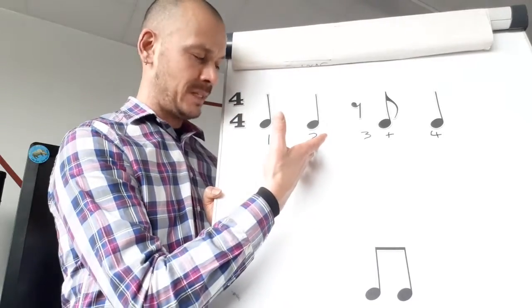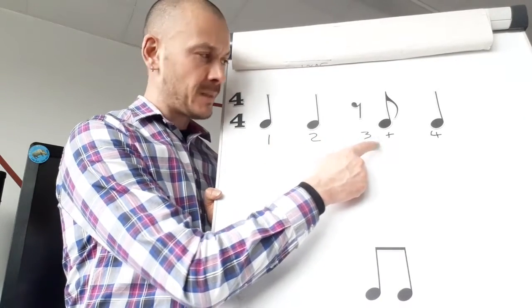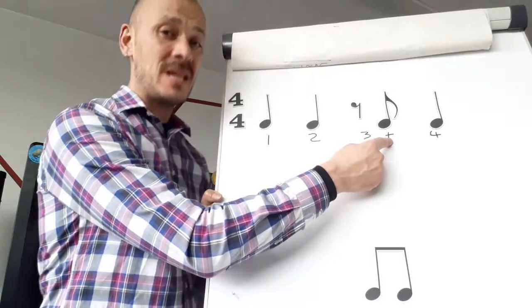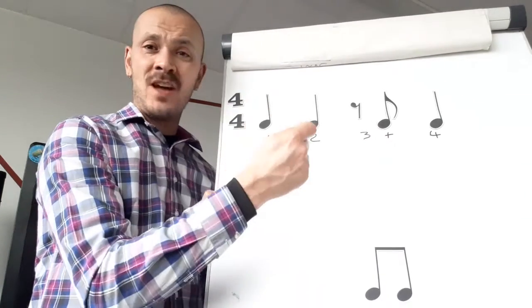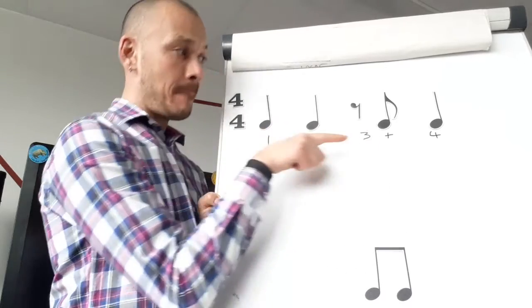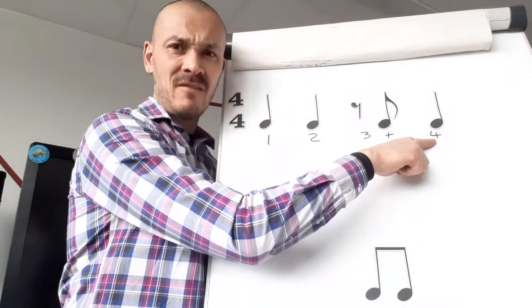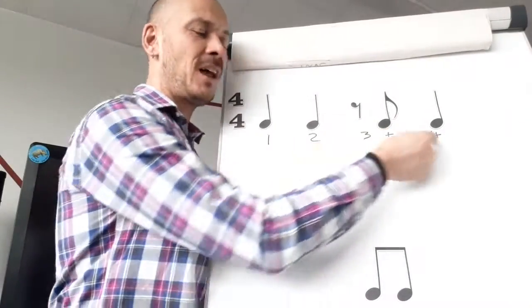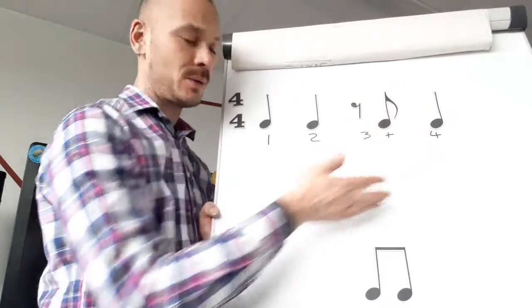I want to clap on beat 2. I want to rest on beat 3. And I want to clap on the 'and' of 3 on the off beat, okay? Which you will feel and hear when we play it, that it pushes into beat 4. That is the feel that this off beat will give us. It will feel like a push into beat 4, okay?